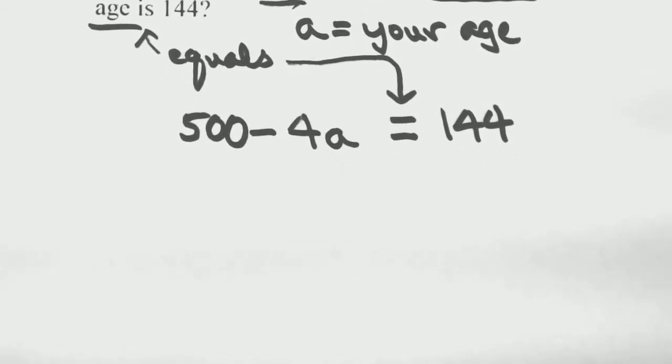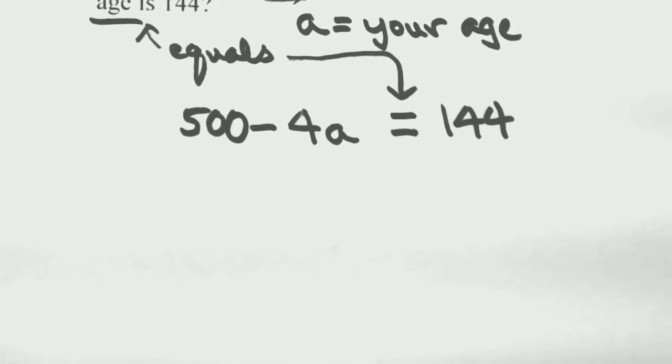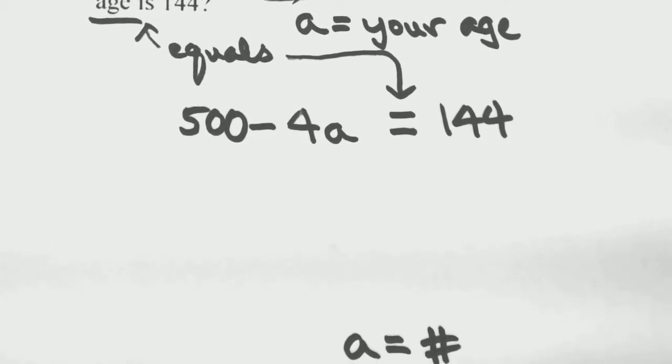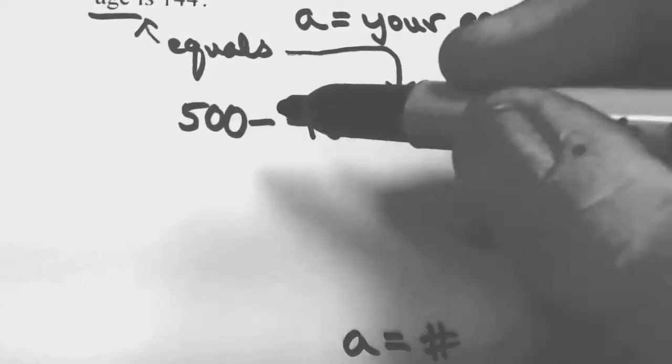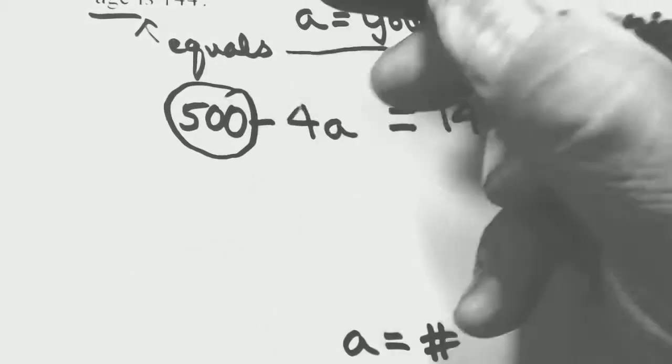Now we have to solve it, and as always, the first step here is we're going to remind ourselves what it is that we're aiming for. We want to solve for A equals whatever number our age happens to be. Okay, who's on the wrong side? Well, on the left side we only want A's, so the 500 is on the wrong side.